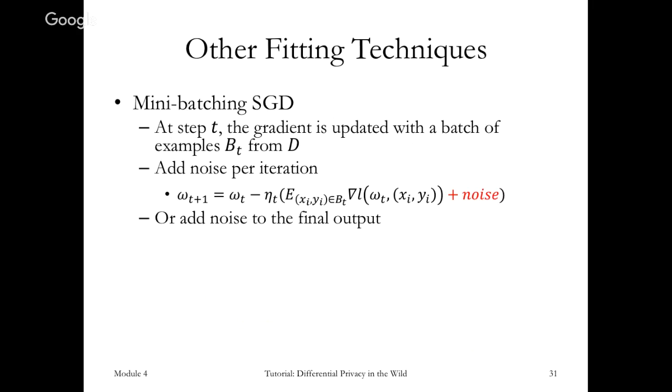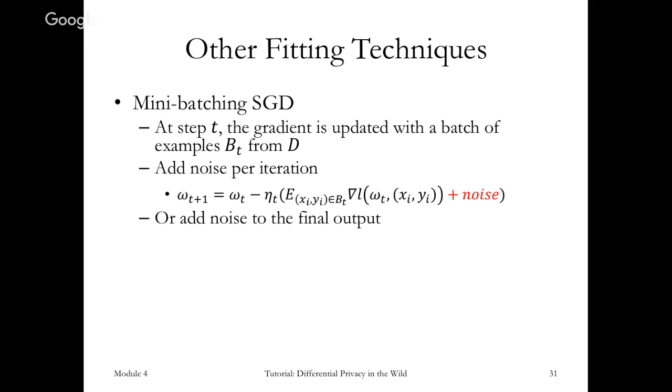Okay, so there are other fitting techniques. In the previous approach, in every iteration you take just one example, which is very similar to a local perturbation of the record. Instead of doing that, we can process a batch of examples per iteration and add noise to the average direction at that point.